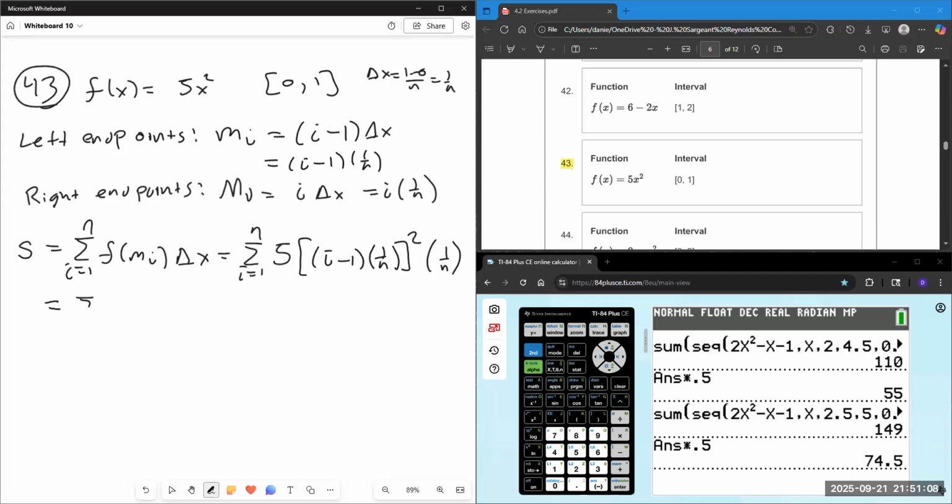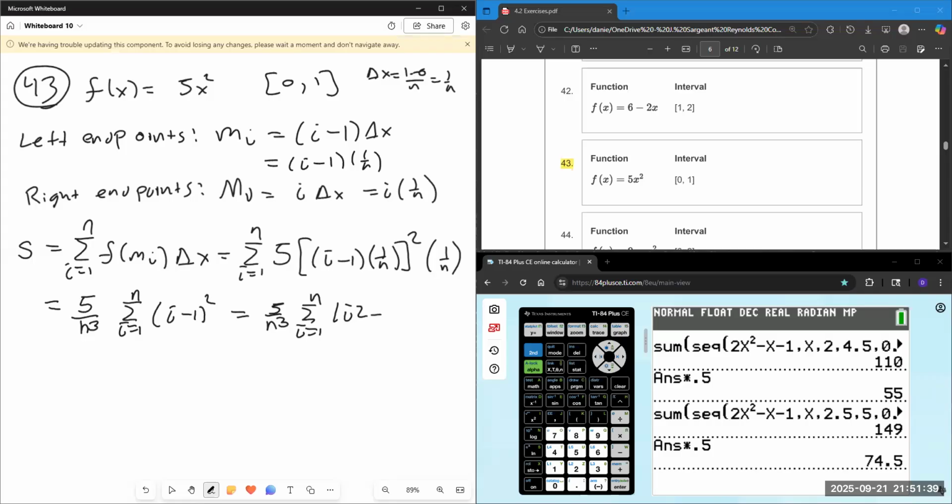Actually, let's pull some stuff out here. Let's pull the 5 out, and let's pull the 1 over n's out because they can pass through. They're not i's. So 1 over n squared times 1 over n is 1 over n cubed. Summation i equals 1 to n of i minus 1 quantity squared. So 5 over n cubed, summation i equals 1 to n of i squared minus 2i plus 1.